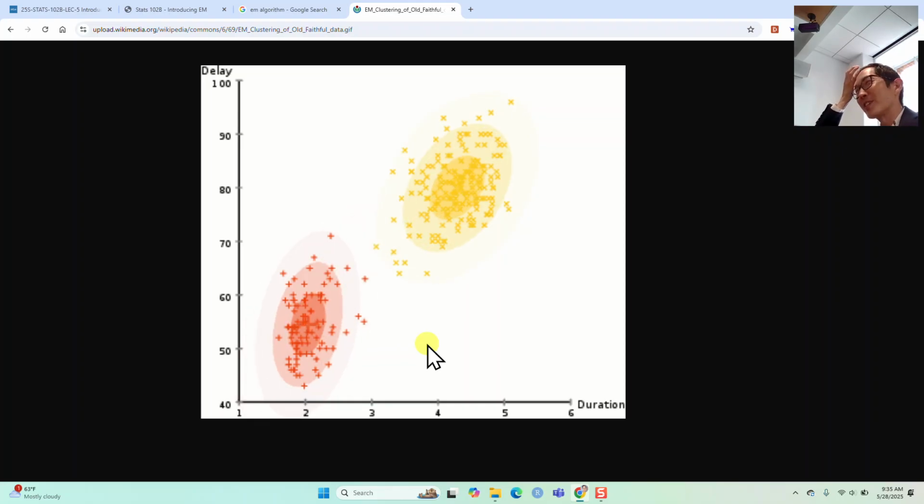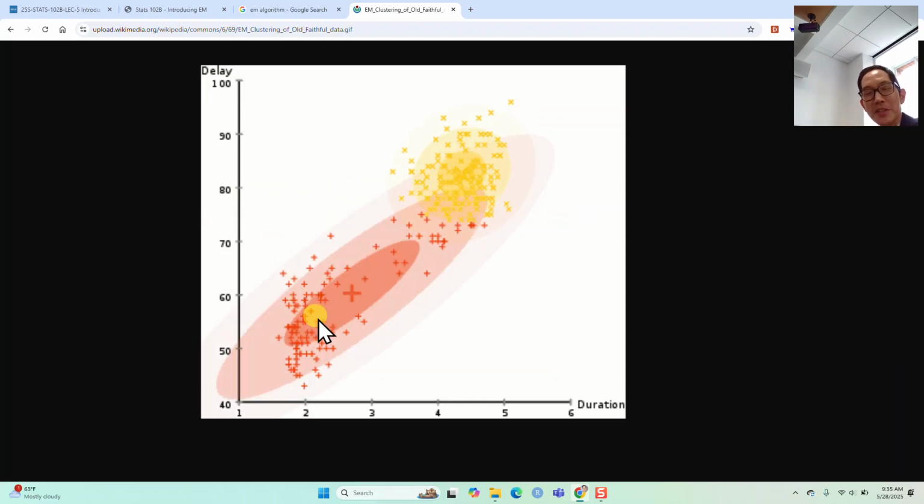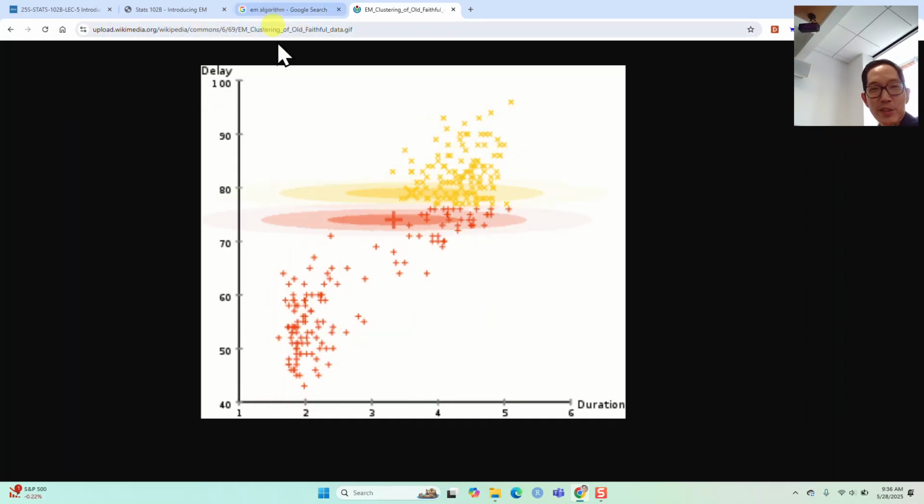It's a geyser in Yellowstone National Park, and they measured how long the geyser erupts and how long they had to wait between one eruption and another eruption. And it appears that there are some patterns, and there are two clusters here that, you know, start off with some initial assignments, and then iteratively they get some kind of convergence here.